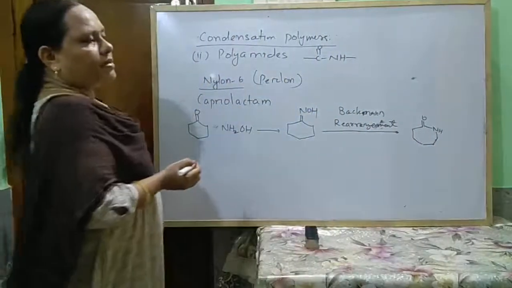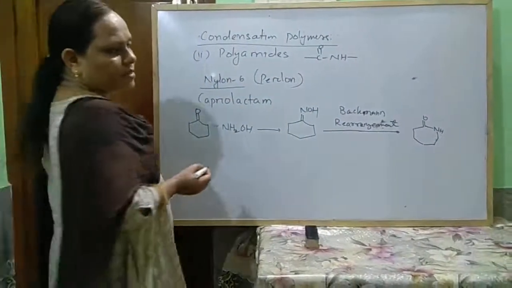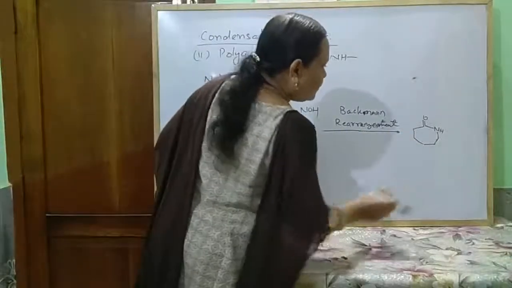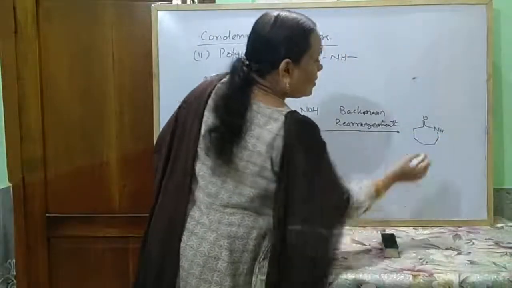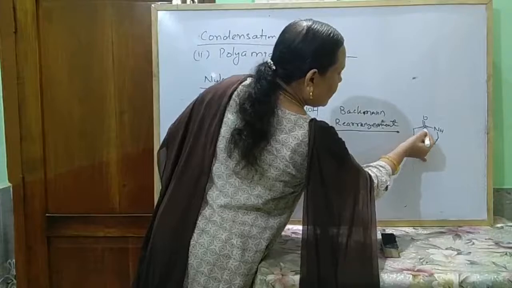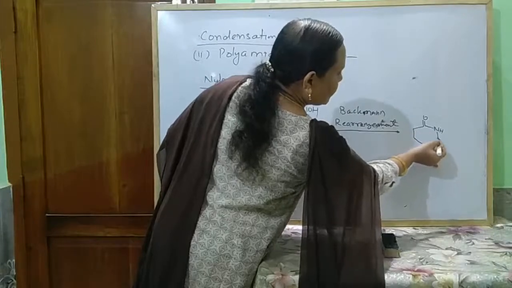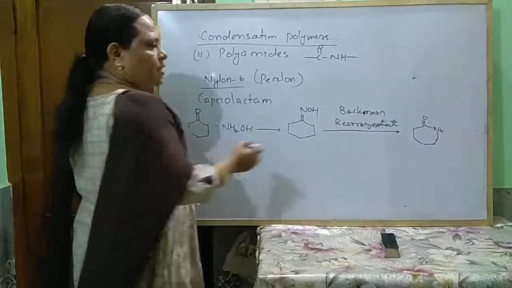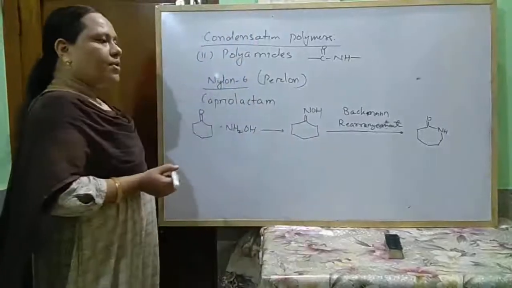So it is a 7-membered ring, and here 6 carbon atoms, 1, 2, 3, 4, 5, 6. This is known as your caprolactam.